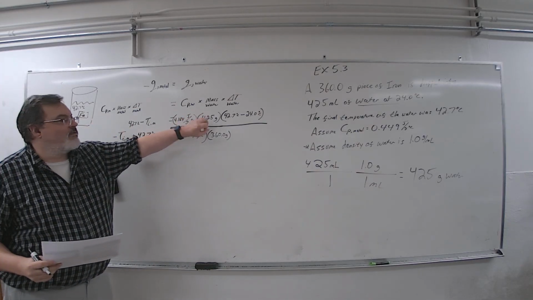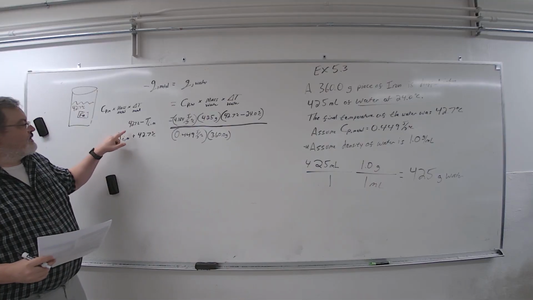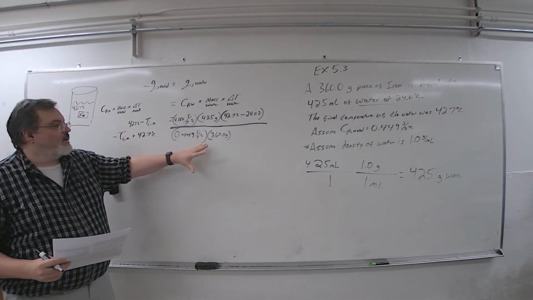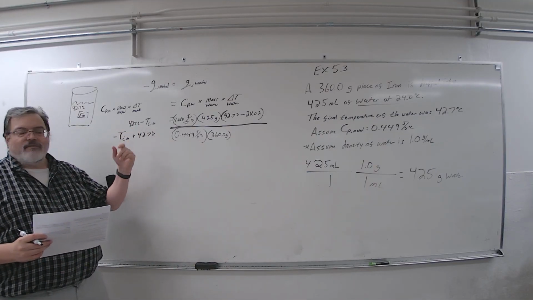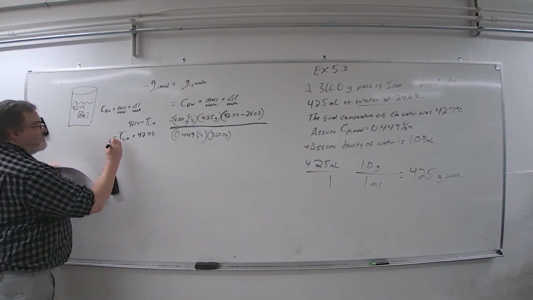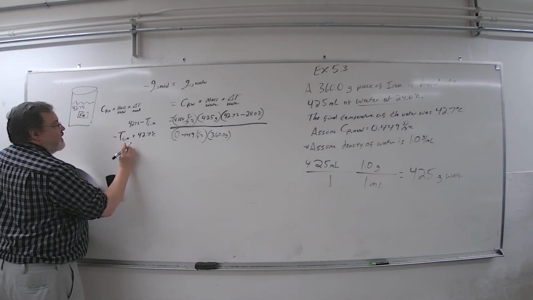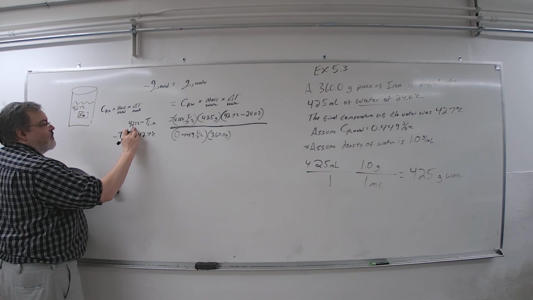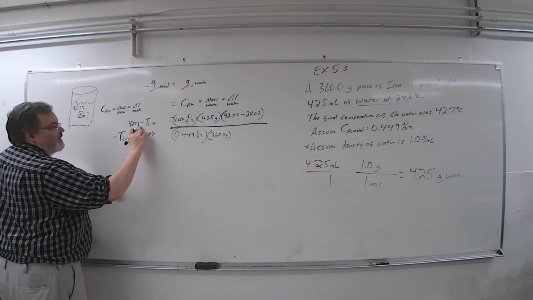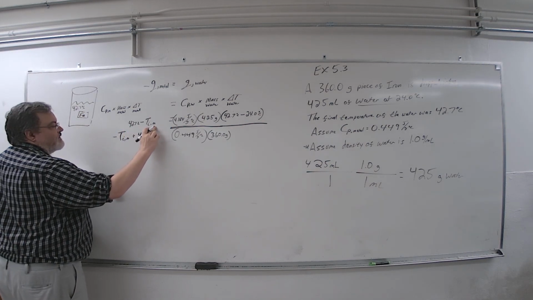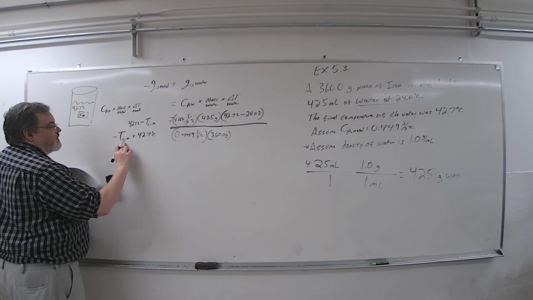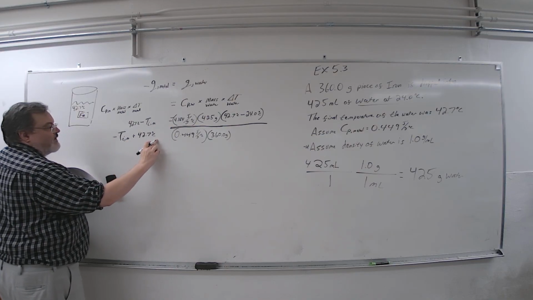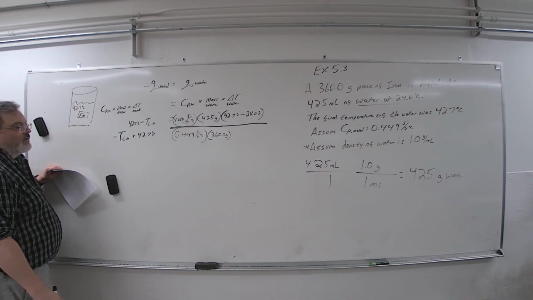We could have got a numerical value here, and then subtracted 42.7 from it, and then multiplied both sides by -1. But this is plus 42.7 minus temperature initial. Instead of doing that, I went minus temperature initial plus 42.7. That makes this look a little cleaner.